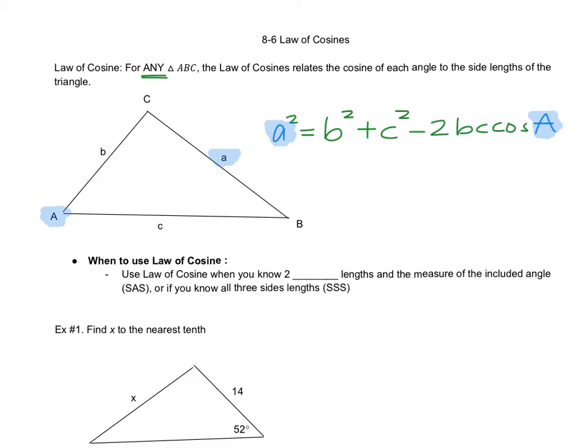B and C, notice there's a B here and there's a B here. That's going to be one of your sides, but not the one across from the angle that we have. And then C is here and here, but again, not across from the angle that you're given, okay? So there's definitely a relationship between capital A, lowercase a, capital B, lowercase b, capital C, lowercase c.